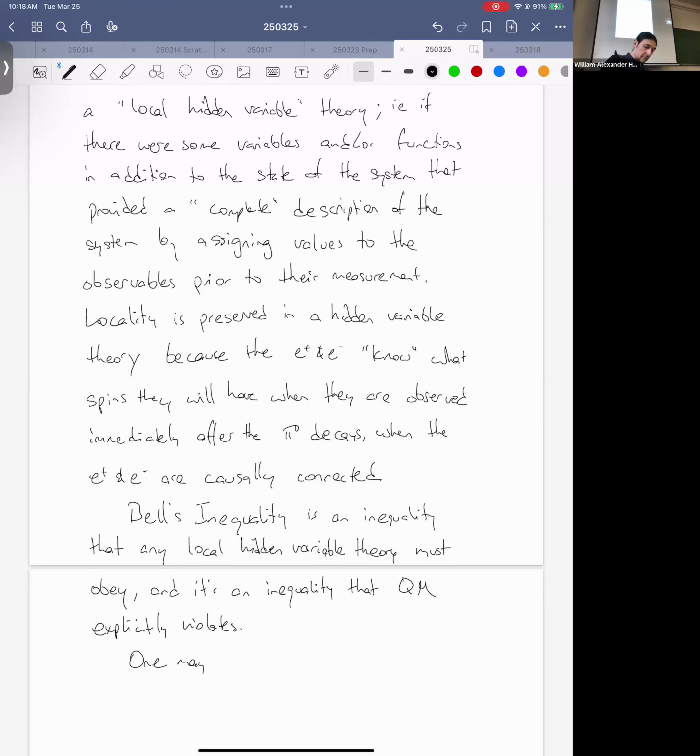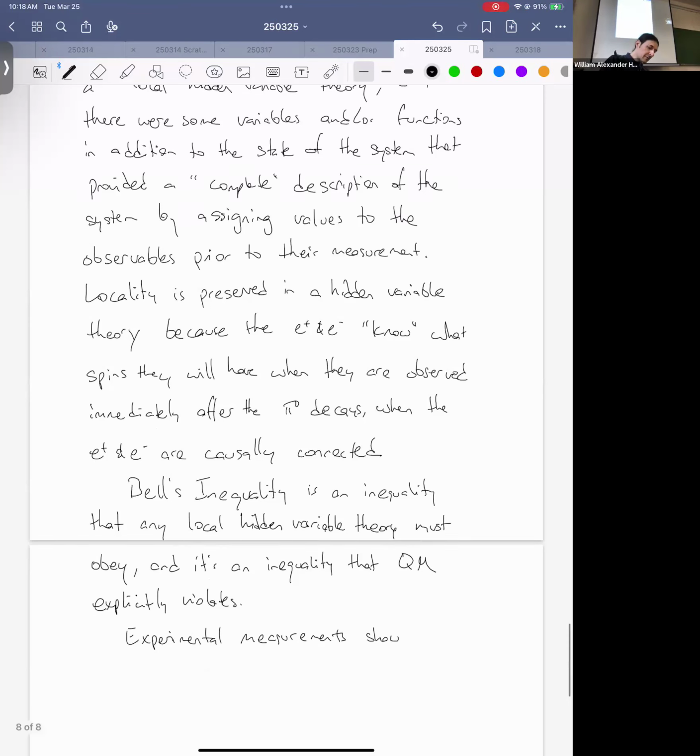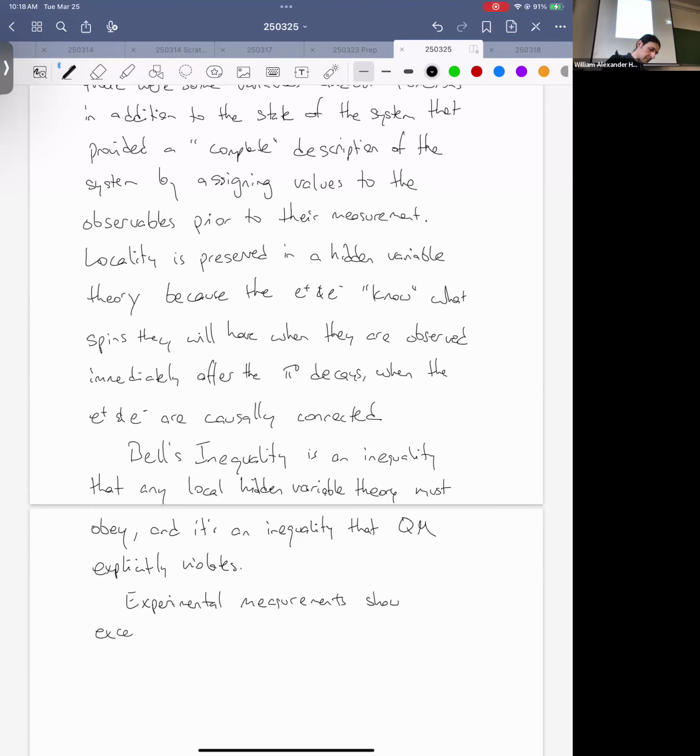Well, let's put it this way: experimental measurements show excellent agreement with the predictions of quantum mechanics.